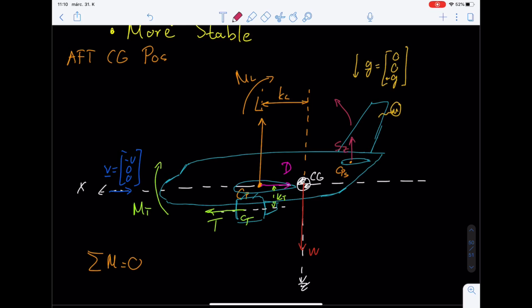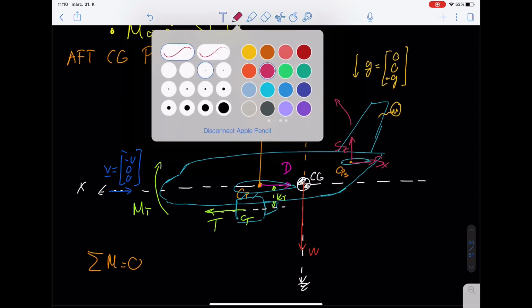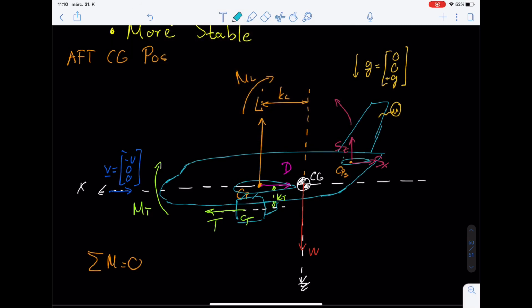So this SZ, and also I'm going to have an SX. Okay, so where do I need to deflect my stabilizer if I want to generate such a force? Of course, it's just like the wing. I need to deflect it upward to generate this force.